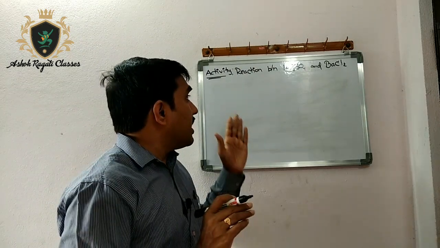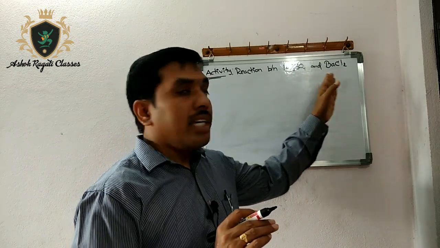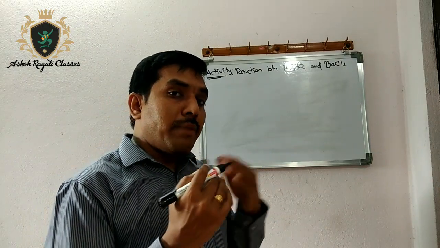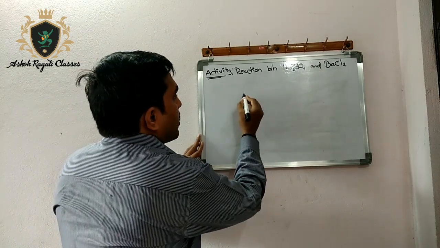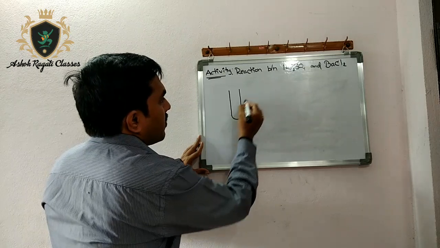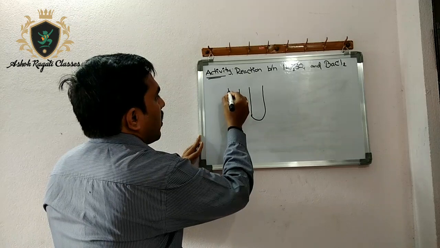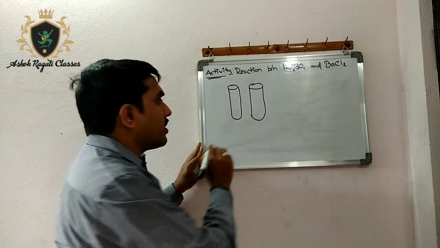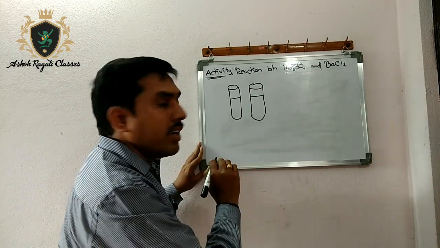Now the second activity, reaction between sodium sulfate and BaCl2. We will check what changes we may observe in this activity. For that purpose, I am taking two test tubes, and both are half filled with water.